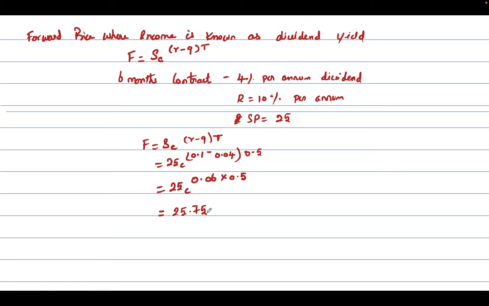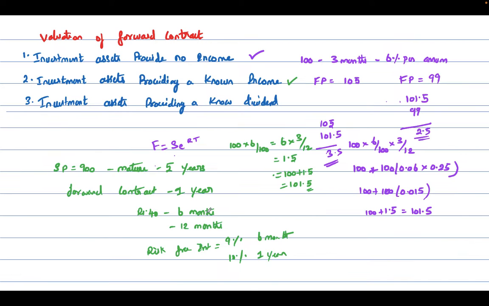So there are three categories of calculating the forward price. First one, when no income is given, we'll be using this formula F equal to S e to the power RT. S stands for spot price. Second, investment assets providing a known income.